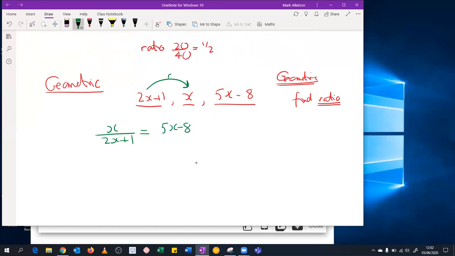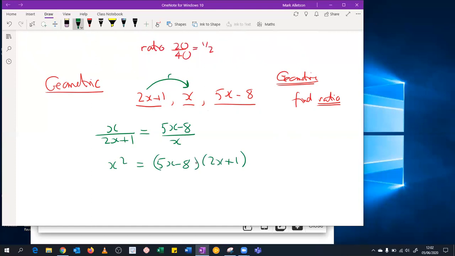The next one divided by the previous one. So if that's the case, you can then start to solve an equation to find the ratio. In this situation, you would multiply both sides by x to give you x squared, and you'd get 5x minus 8 equals 2x plus 1. You'd then multiply that out, and you'd solve it.